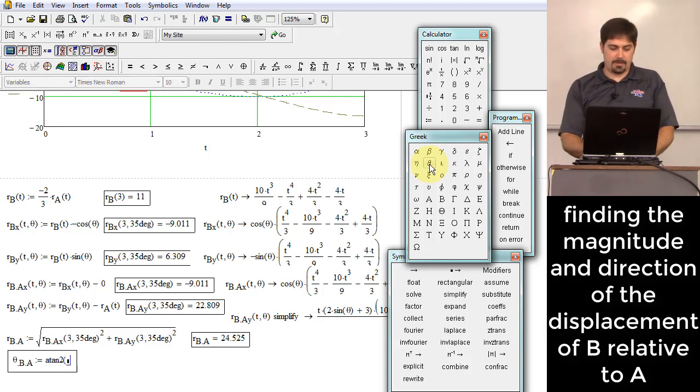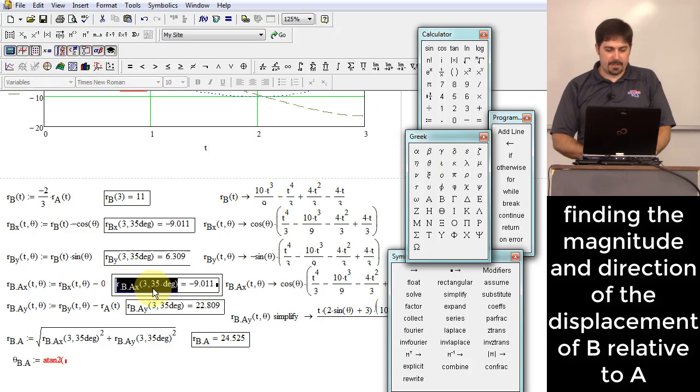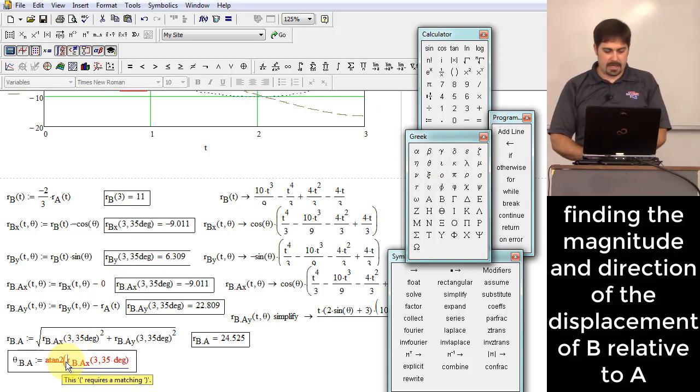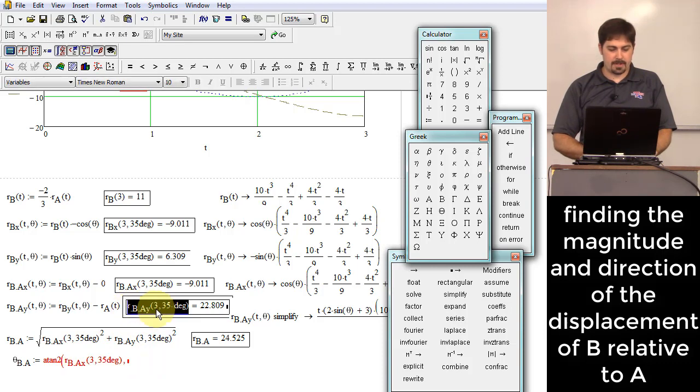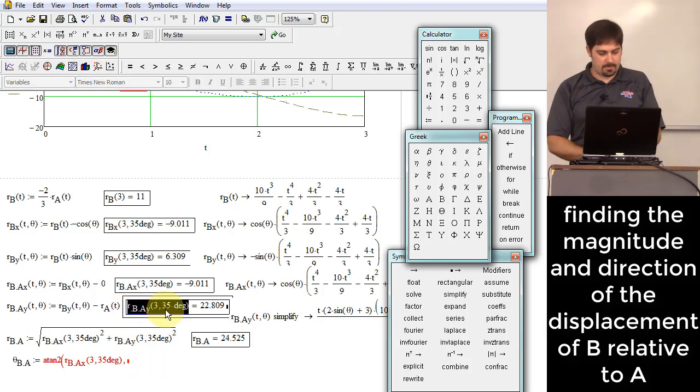The nice thing about arctangent 2, atan2 here, is that you can put in your two arguments separately. You have your y component and your x component. I don't know why they did it this way, although it doesn't bother me too much, but you put in your x first is how this function is constructed within Mathcad. So you put in your x component first, then you put in your y component.